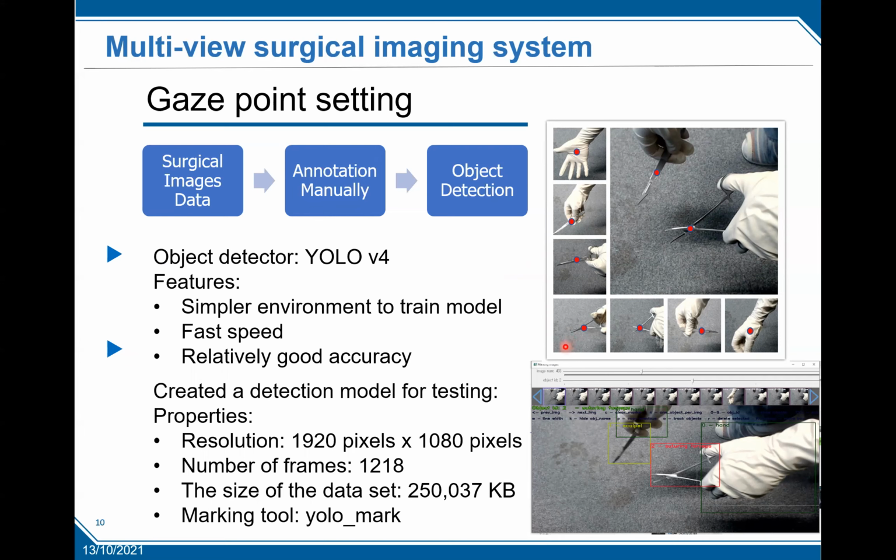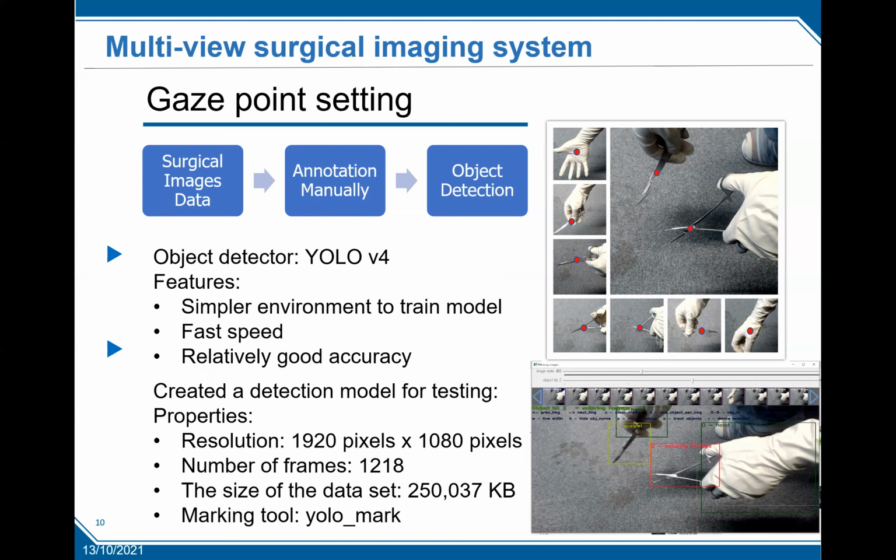The reason why we choose YOLOv4 is that it requires simple environments to train the model, and it can achieve faster speed and relatively better accuracy than the previous version.